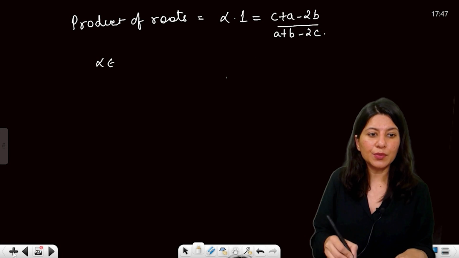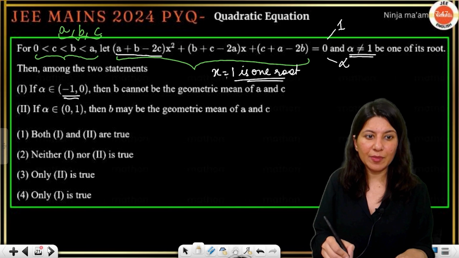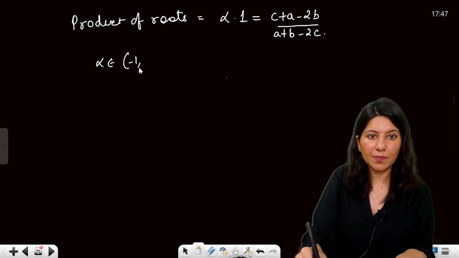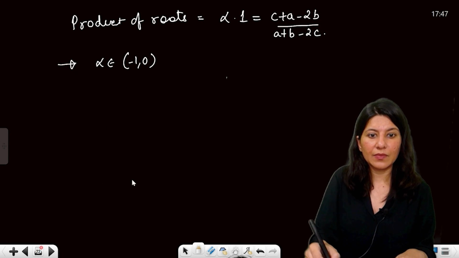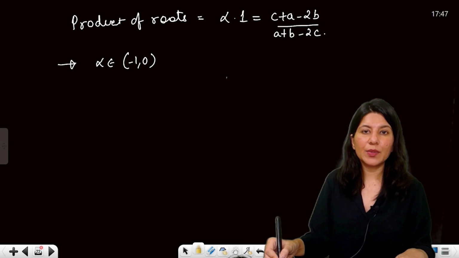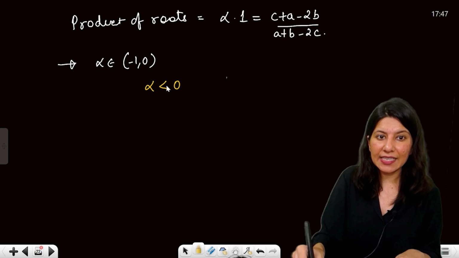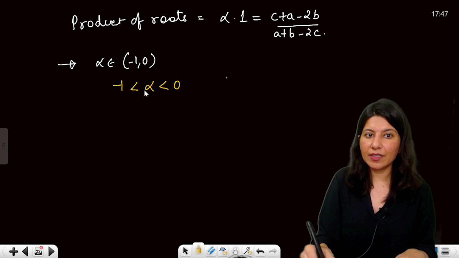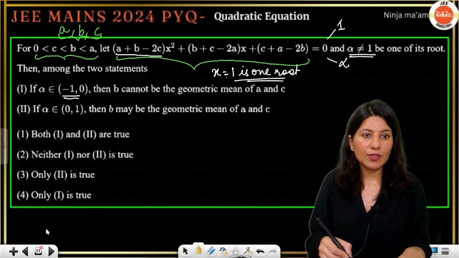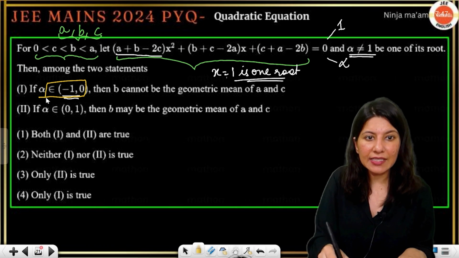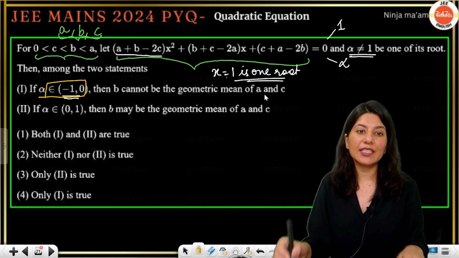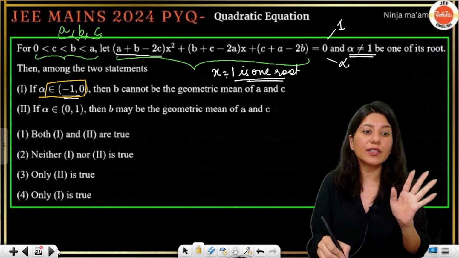Alpha belongs to minus 1 to 0, so alpha is less than 0 and greater than minus 1. Statement 1 says if this is the case, then B cannot be geometric mean of A and C.